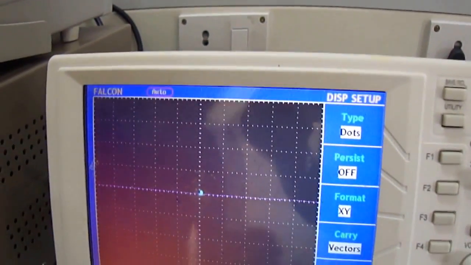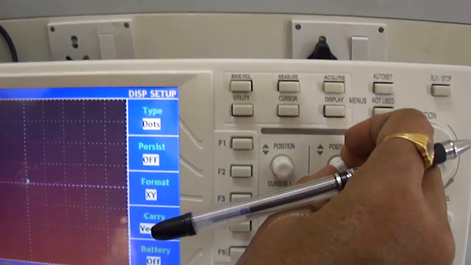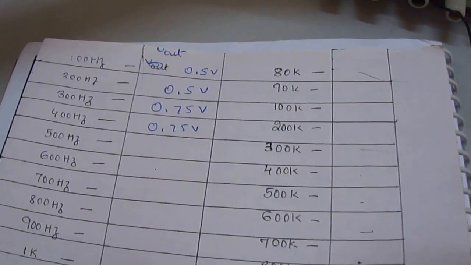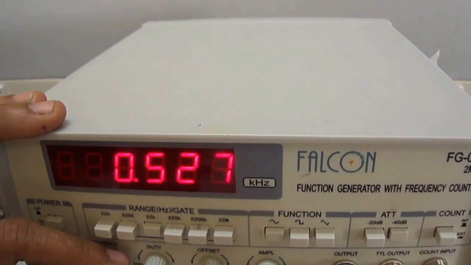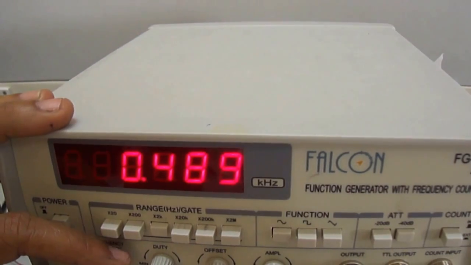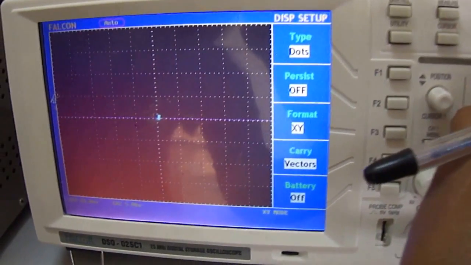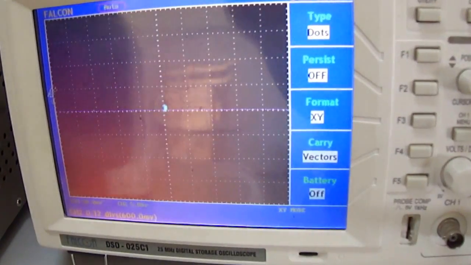At 400 Hz you are getting the same 0.75 only. Next 500 Hz. At 500 Hz we are getting 1 volt.